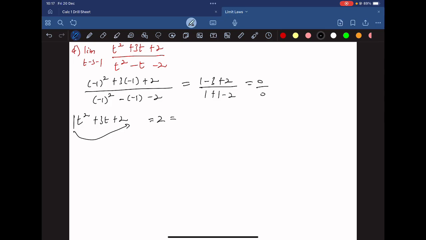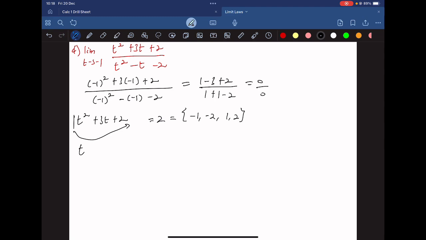Then we find the positive and negative factors of 2, right? So you can have negative 1, negative 2, positive 1, and just 2. Then out of these 4 numbers, we want 2 numbers that if we add, we have positive 3. But if we multiply, we have positive 2, right? So we can have positive 1 and positive 2.